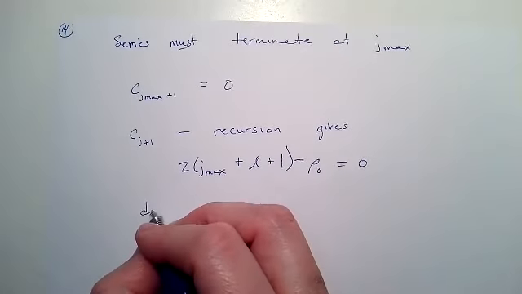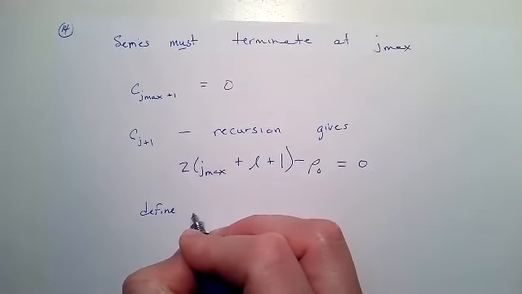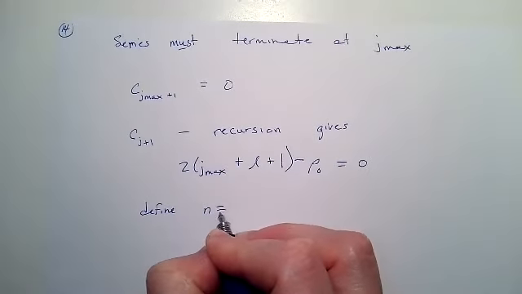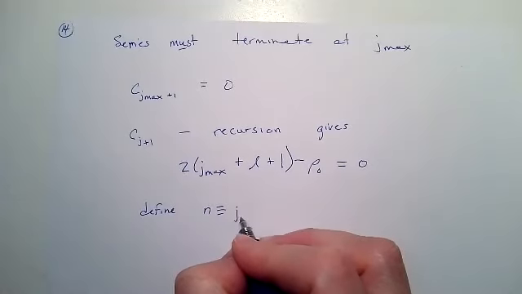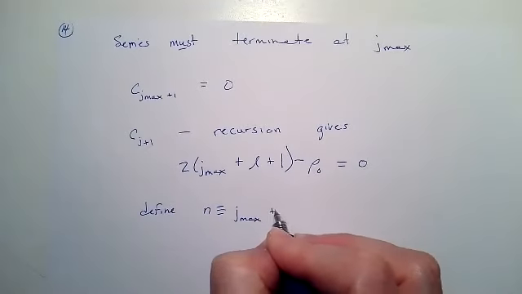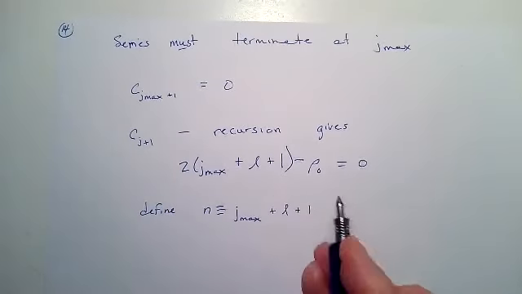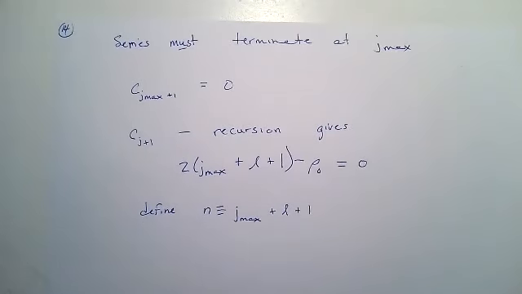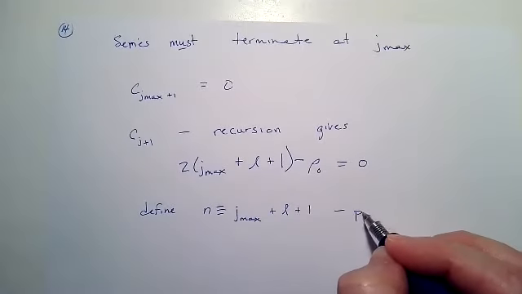So if I'm looking at that and saying one more has to give us 0, that means we're going to define yet another variable that we'll call n. That is this J max plus L plus 1 that's in those parentheses. That is our principal quantum number.